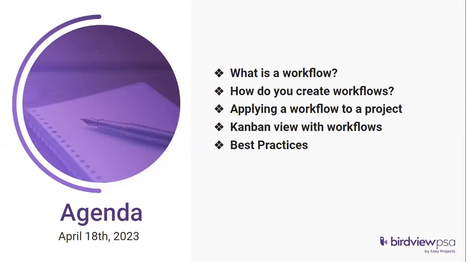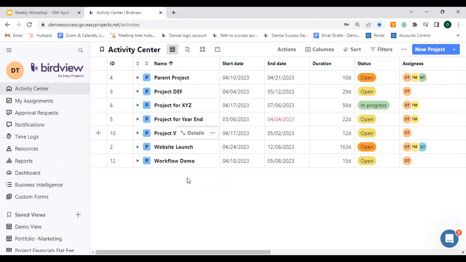We'll see how we can view projects with different workflows in the Kanban view within the Activity Center. And finally, we'll go over some best practices to leverage workflows efficiently and to avoid any errors when you are working along with them. All right, so I'm going to share my demo account.